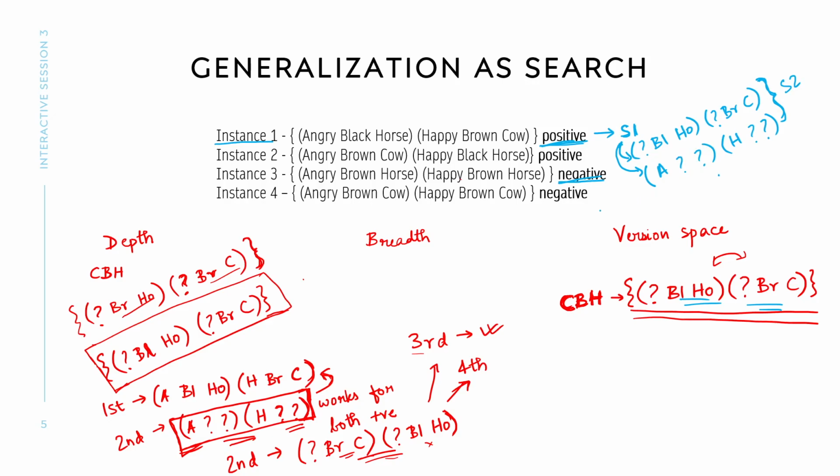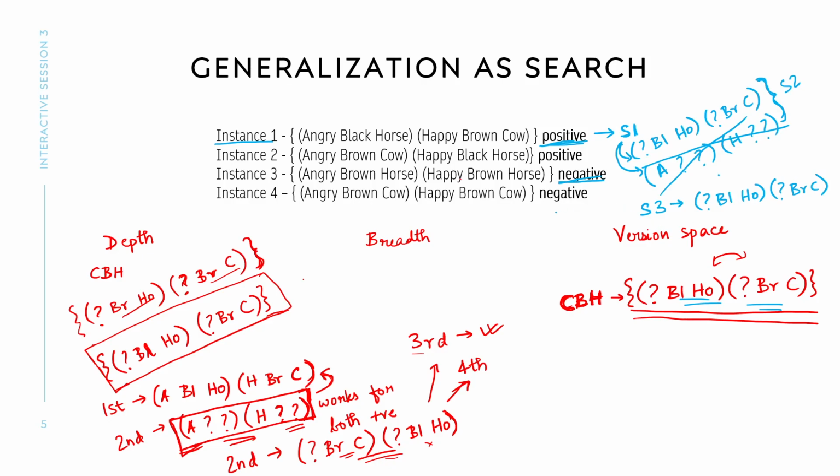Here, angry with two wildcards and happy with two wildcards will match this negative example, so I need to remove these. S3 will be just wildcard black horse and wildcard brown cow.